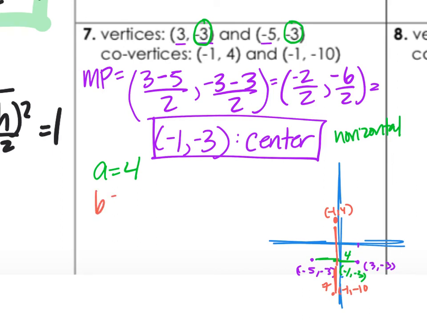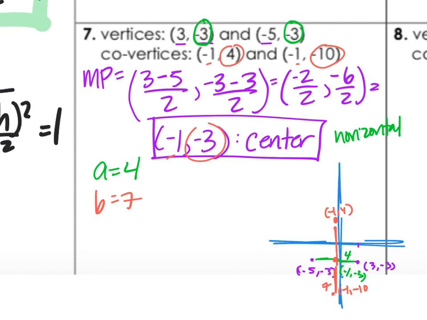So b is 7. And you can tell it's 7 because if your center is at -1, -3, notice all these -1s are the same, but the y's are all different. So 4 minus -3 is 7. -3 minus -10 is 7. So they have a difference of 7.